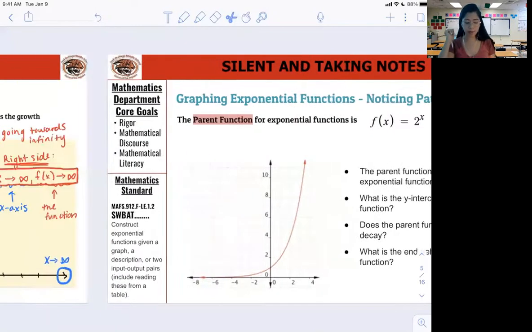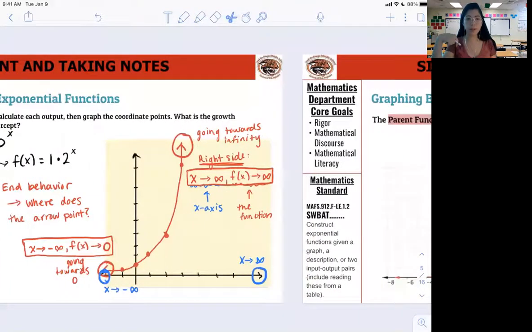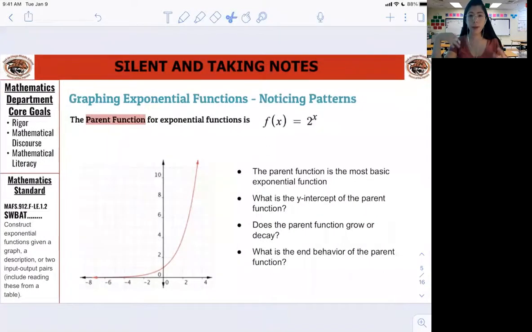So this graph, the one that we just put into our notebook, is actually a very special graph. It is called the parent function for exponential functions. The parent function, in general, is the most basic, the most simple of that type of function.